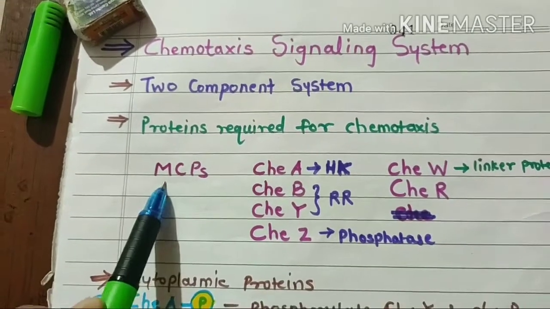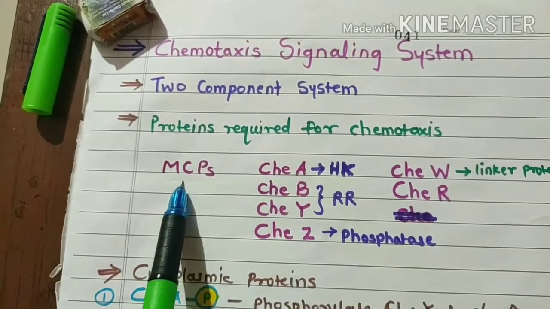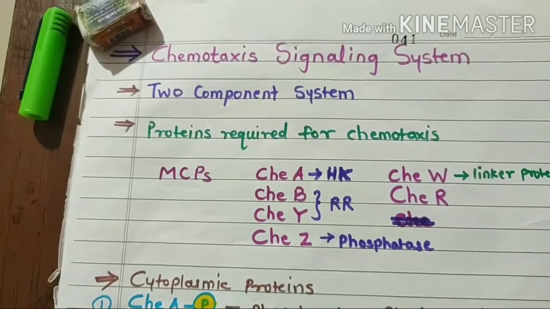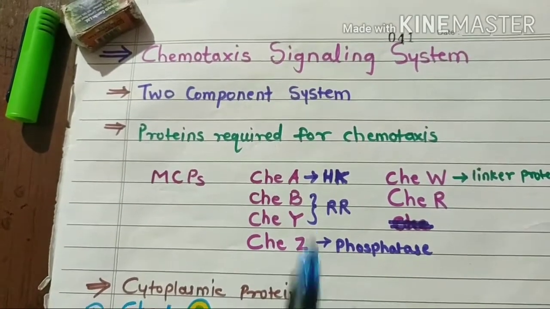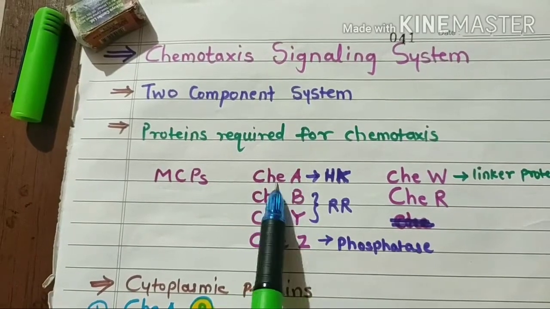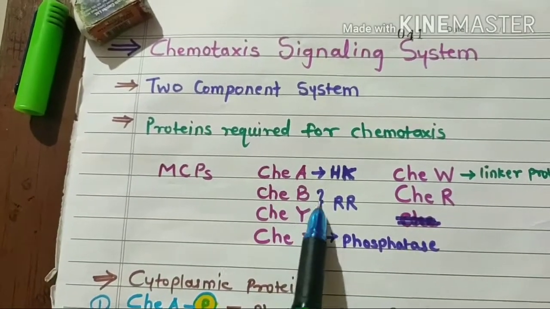These are in the cell membrane. And then there are cytoplasmic proteins. This is the membrane protein and these are the cytoplasmic proteins. These are the Che proteins. So first see CheA. This CheA is a histidine kinase, and CheB and CheY are response regulators.